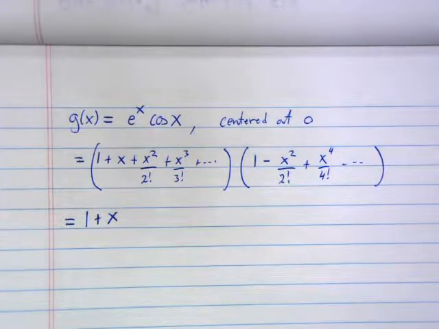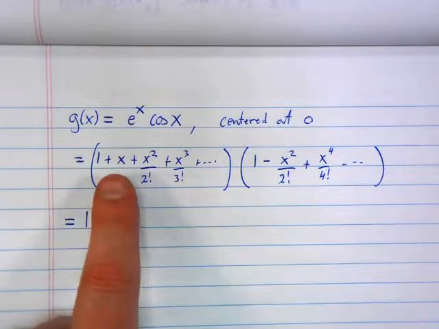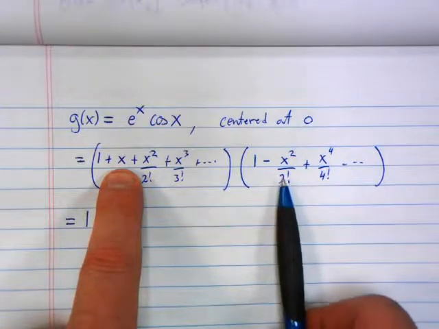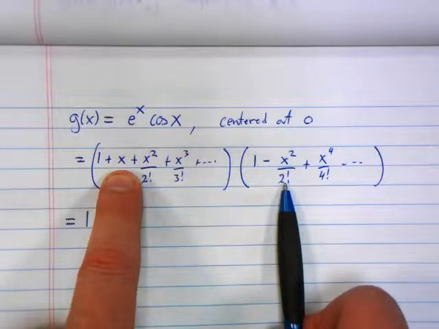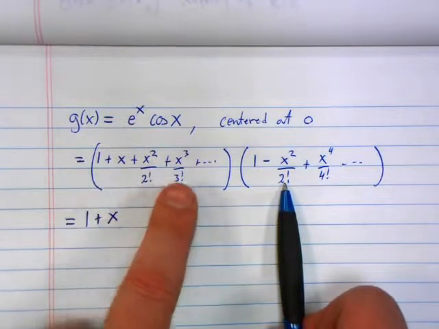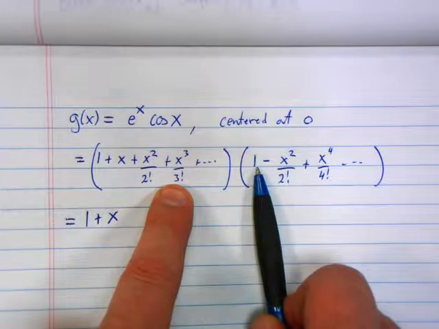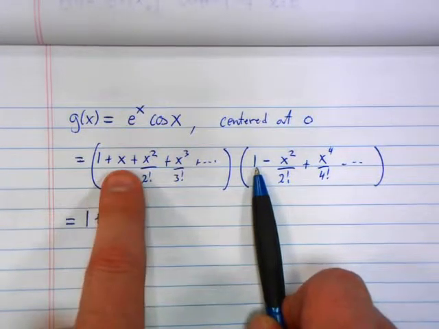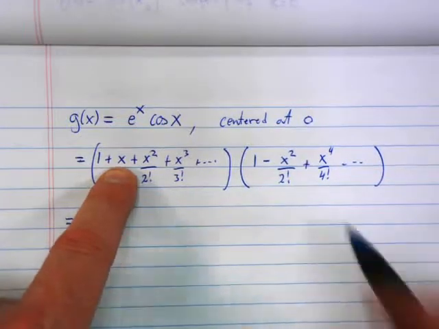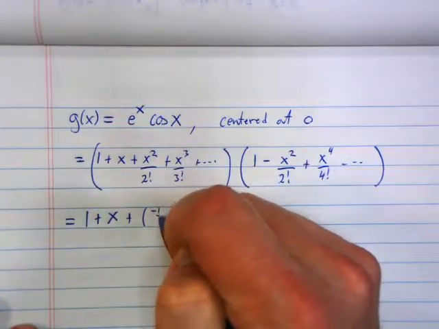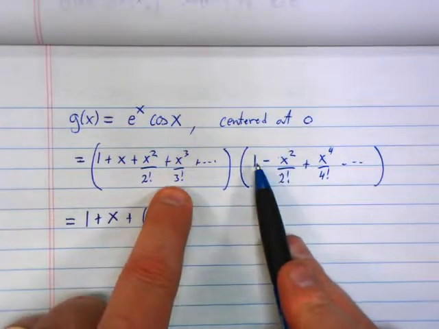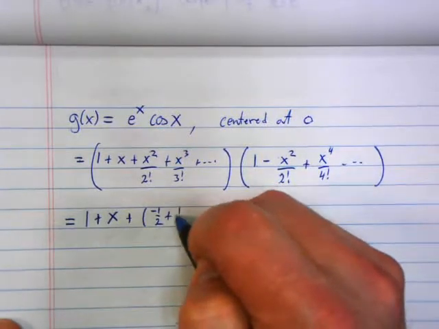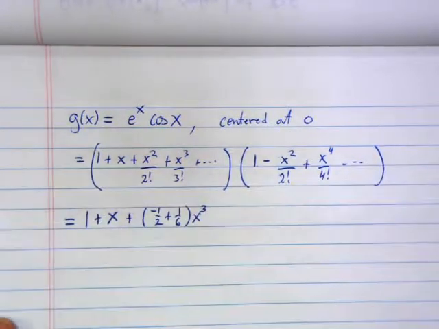How about x cubes? An x cube will come from this x and that x squared. Correct? That would give me an x cubed. And then I could also do this x cubed with that 1. All right, so for x cubes, I'm going to have a minus 1/2, a 1 over 2 factorial, and then a plus 1/6 x cubed.